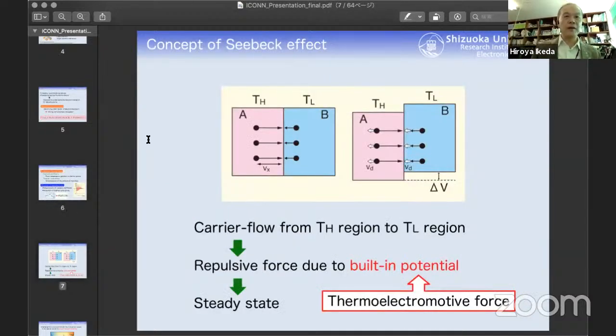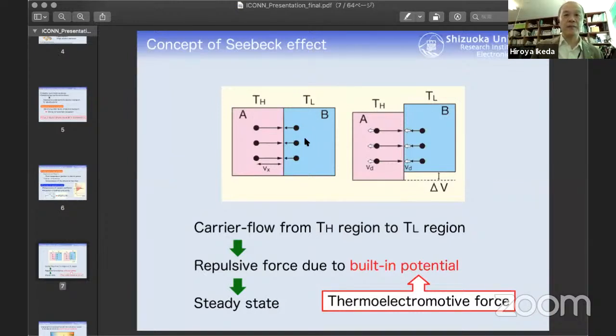Here, I will briefly explain the concept of the Seebeck effect. This figure shows a semiconductor including some carriers. The black points are, for example, electrons. If we apply a temperature gradient like this, the velocity of the electrons in the higher temperature region is higher than in the lower temperature region.